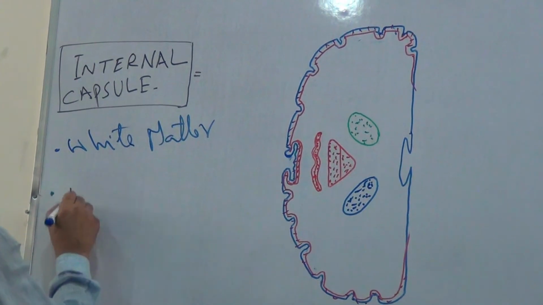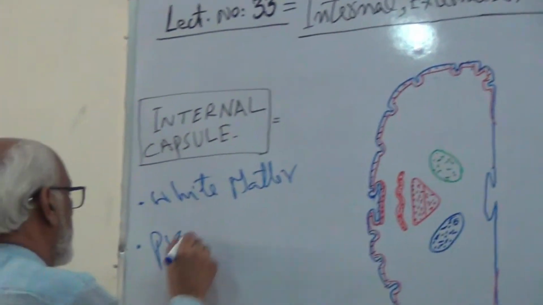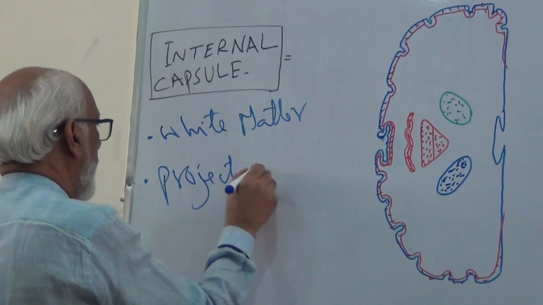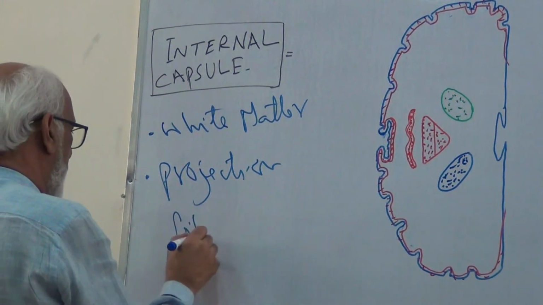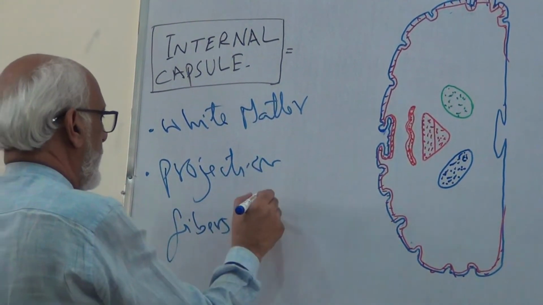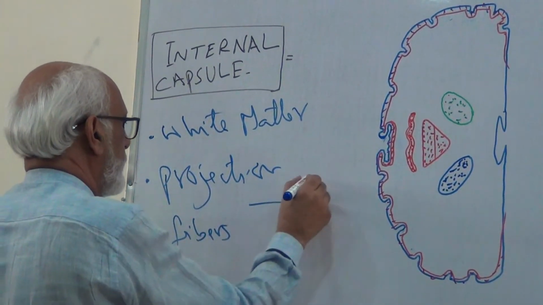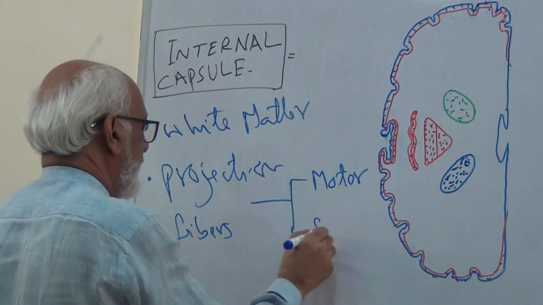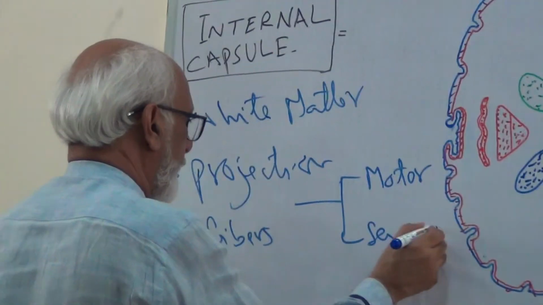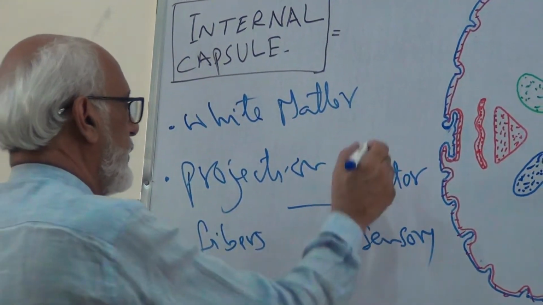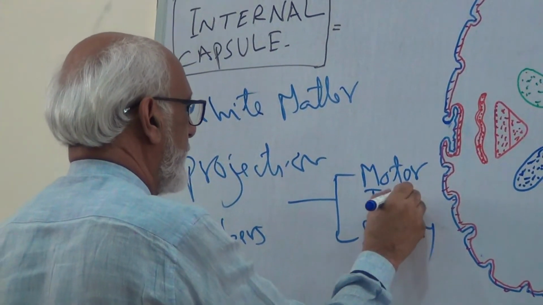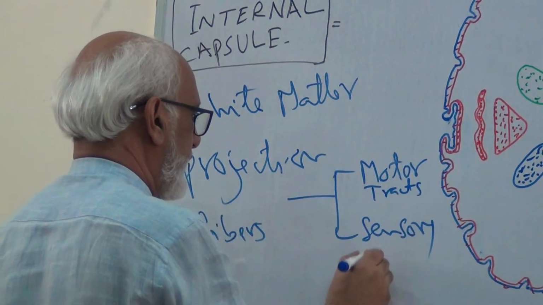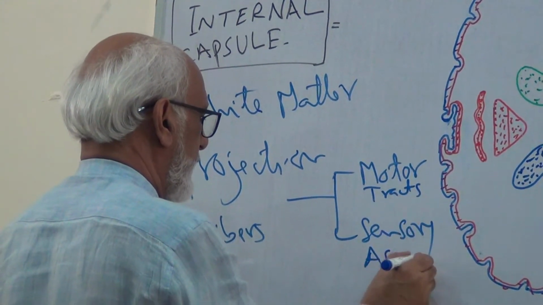It comprises projection fibers. And these projection fibers are both motor and sensory. The motor tracts descend and the sensory tracts ascend.